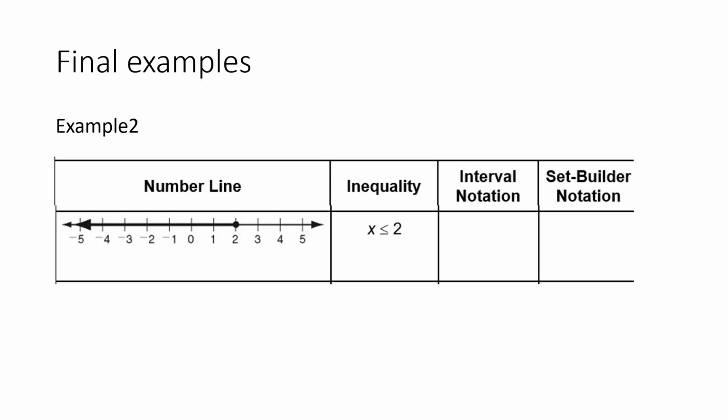All right, so what's going on here? We have all the values of x that are less than or equal to 2. So with interval notation, our left endpoint is over here at negative infinity, and our right endpoint is over here at 2. And I include it, so I use a square bracket.